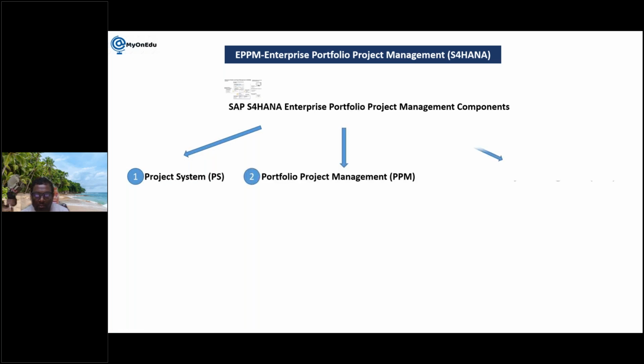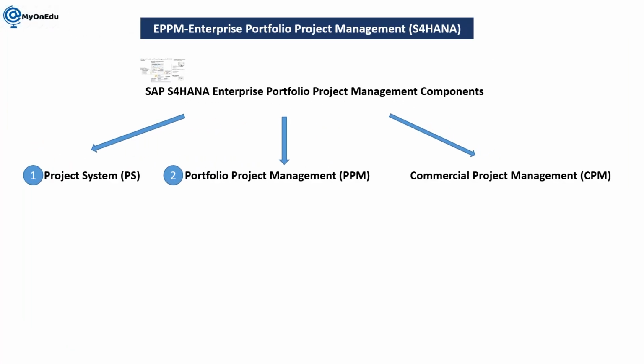Let me just check, okay, here I have mentioned only 3. First is Project System, which is a part of the core SAP system, and it comes with default delivery. The purpose of this module is to manage your accounting as the account assignment object. Wherever we are looking to post anything, in that case we can use the PS objects.